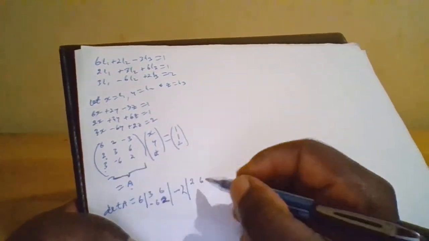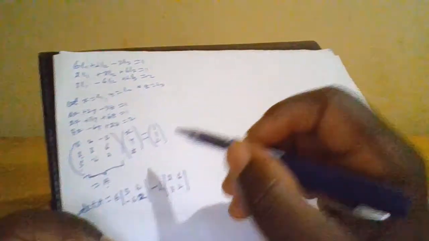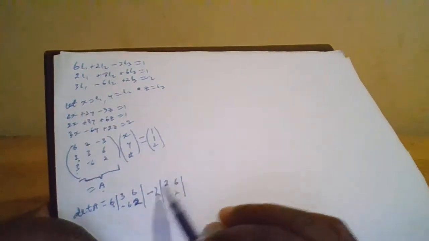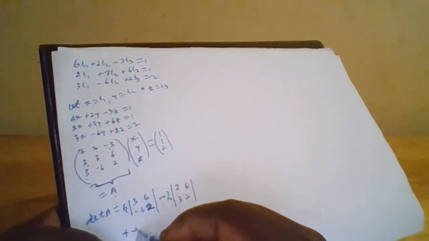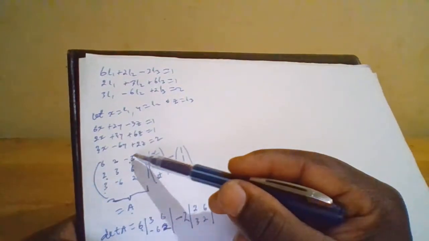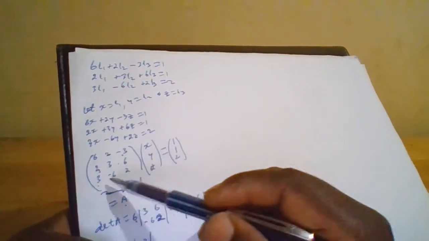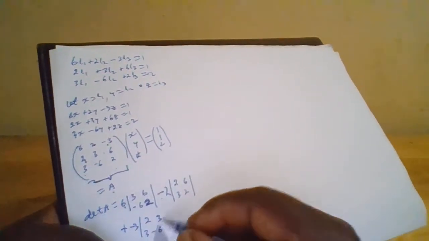Then of course the signs alternate: positive, negative, positive. So it will be plus, but it's already negative, so it will be plus. Then minus 3 into: we block this column and this row, so we have 2, 3, 3, negative 6.